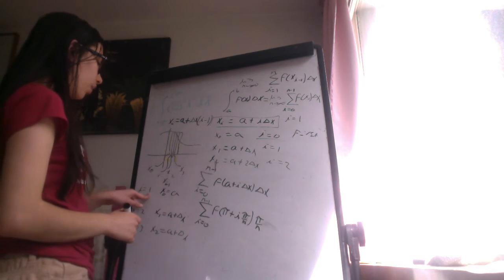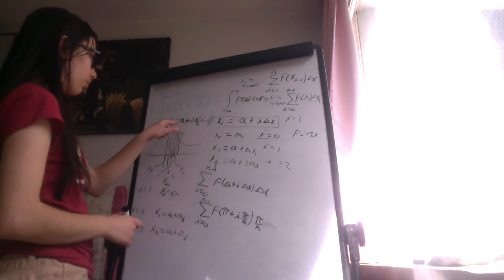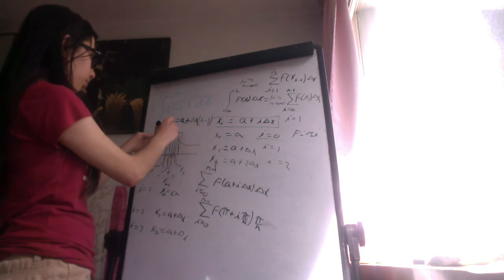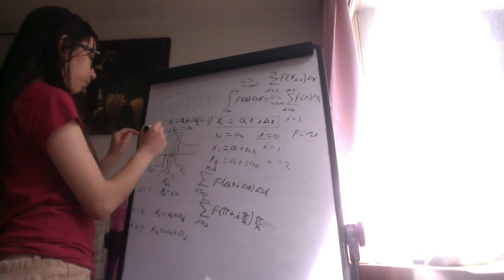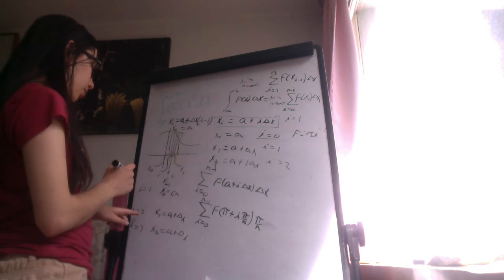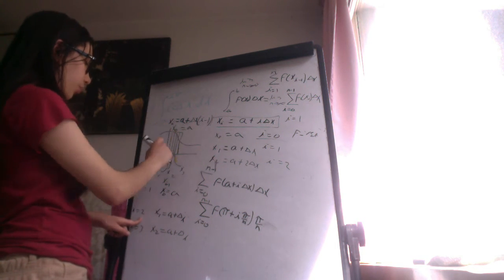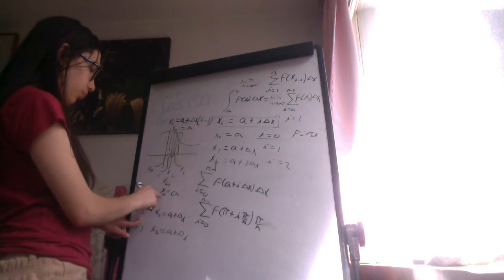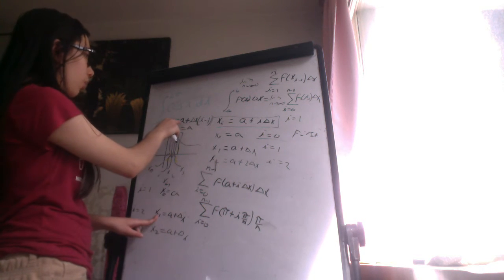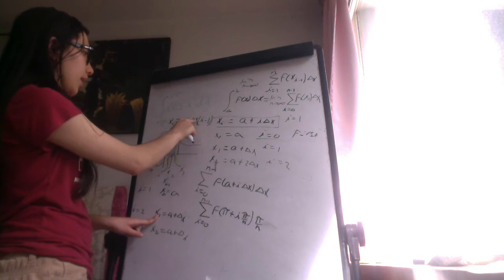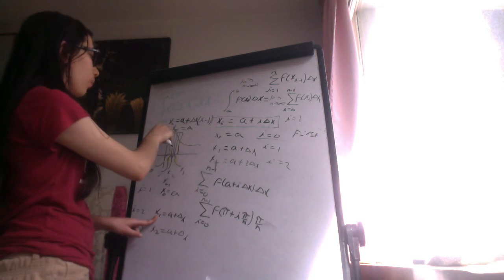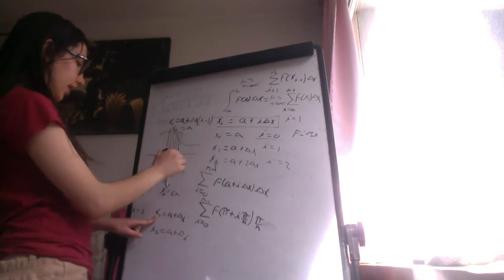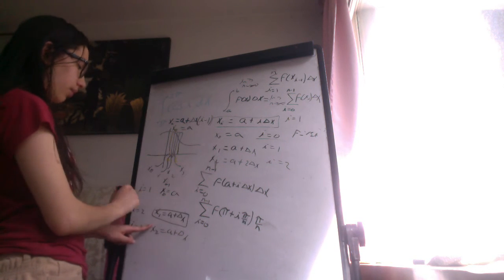So when i is 1, we have 1 minus 1, 0. x of 0 is equal to a. When i is 2, we have x sub, remember, 2 minus 1, x sub 1 will be equal to a plus delta x times 2 minus 1, so x of 1 is a plus delta x. That is exactly what we have here.